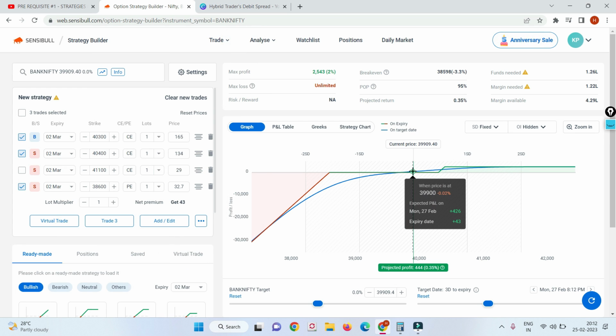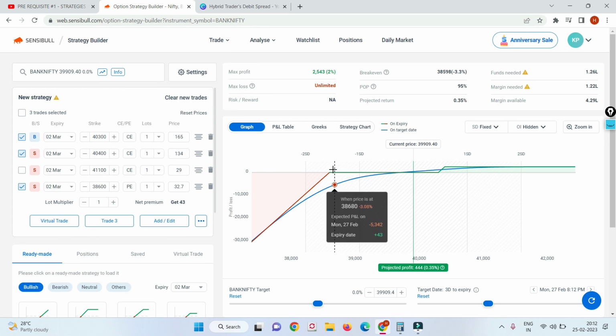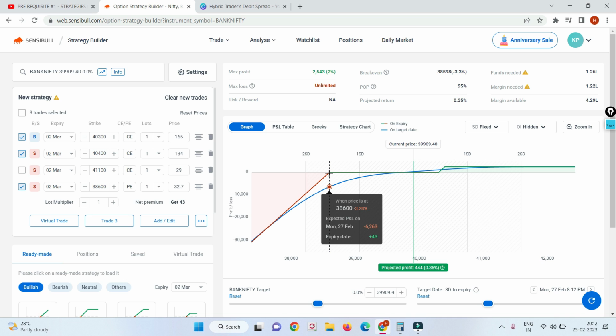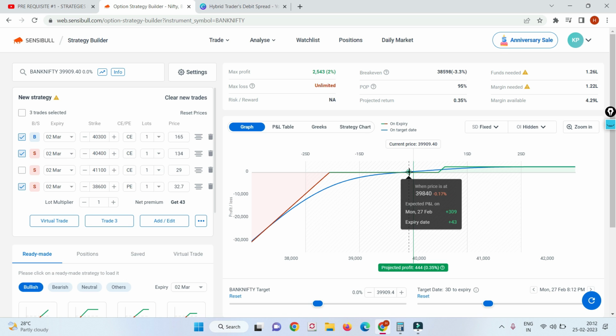The moment I sell the put, this has become almost zero, right? Your put side loss has become almost zero with an additional safety of almost 3.28%. So what is your view?